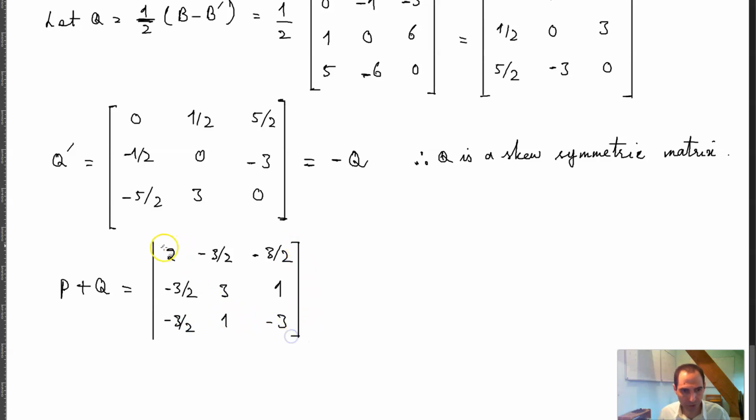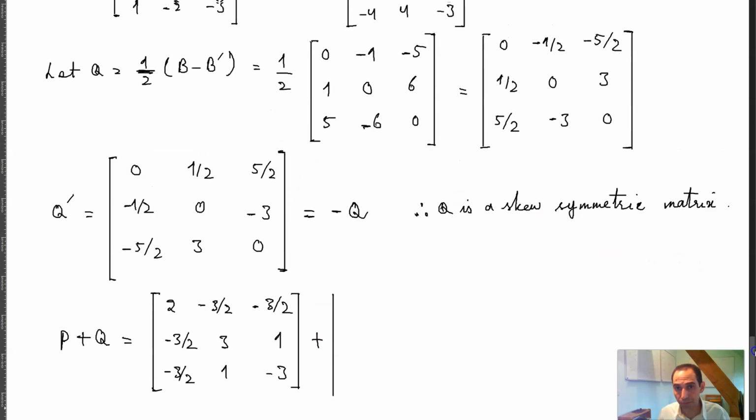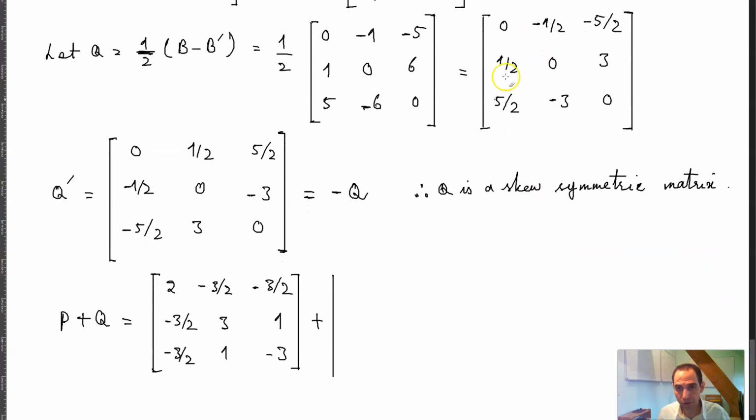And Q was basically this matrix here, exactly: 0, negative 1 half, negative 5 halves, 1 half, 0, 3, 5 halves, negative 3, and 0.